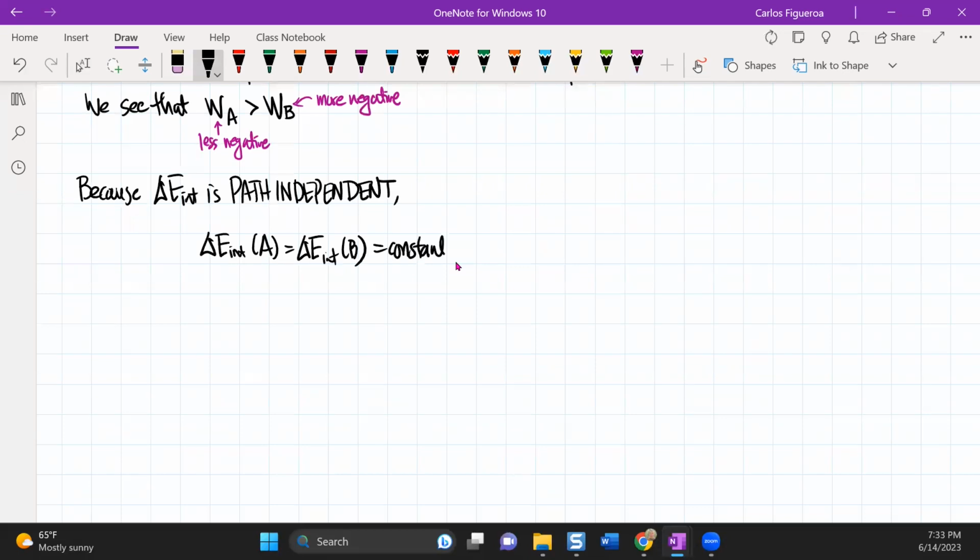It is a constant. It's path independent.